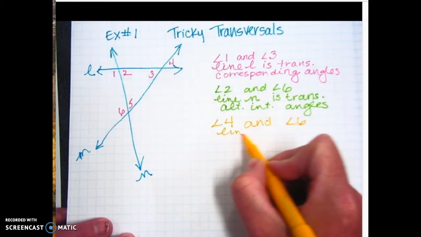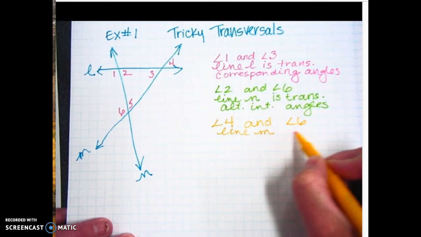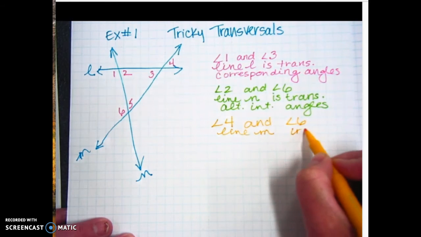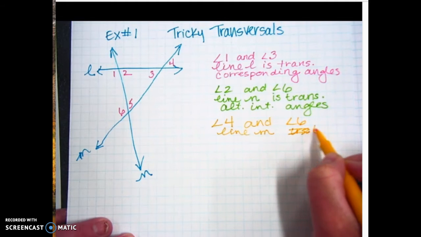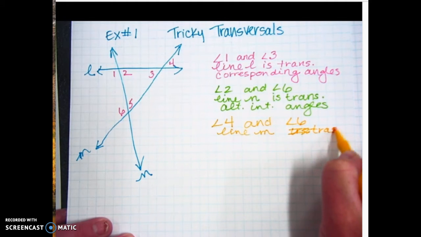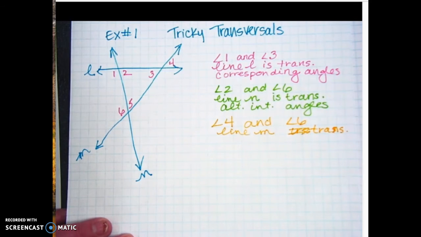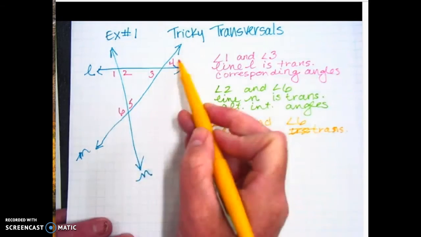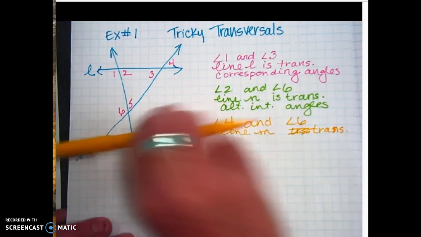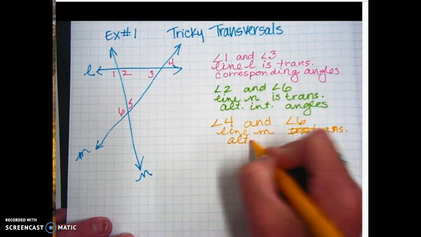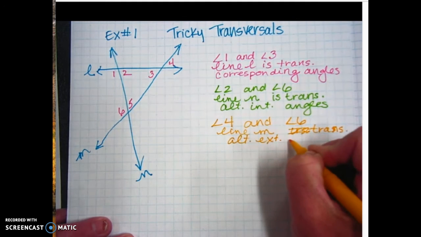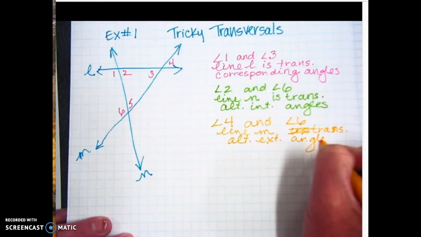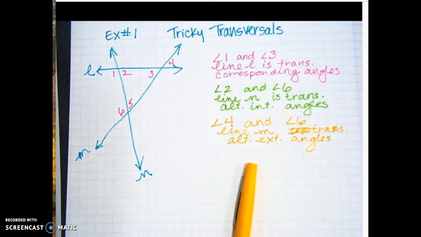So line M becomes the transversal. And they're exterior because they're on the outside, and they're alternate. So alternate exterior angles. And that's about as tricky as the assignment will get.